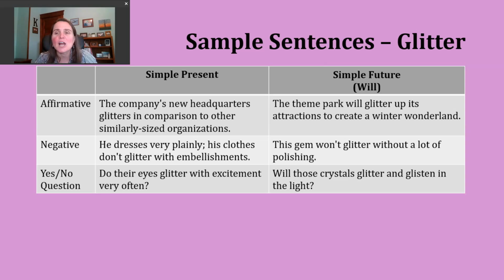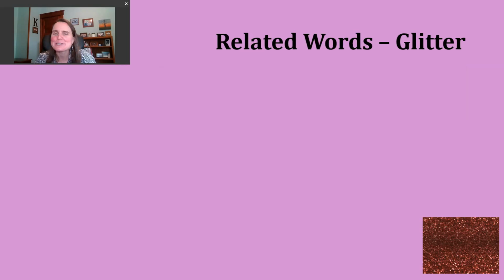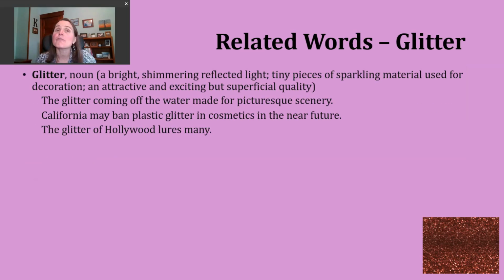Now let's move on and continue to talk about some related words. Our first related word to the verb glitter is just the noun form of this word. The noun glitter has the exact same spelling and the exact same pronunciation as our verb. Just like our verb, we've got 3 different ways we can use this noun.